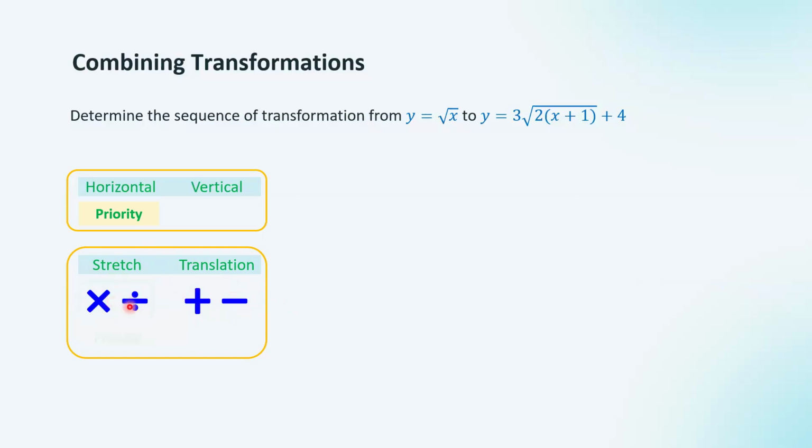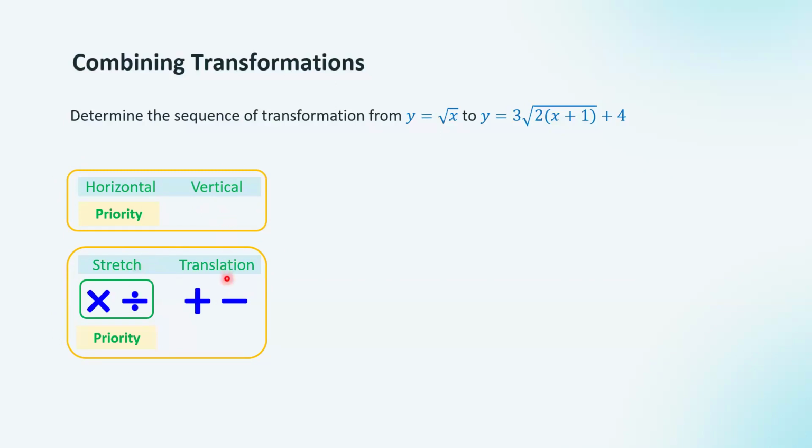The answer is very obvious. This one. So, whenever we are determining the sequence of transformation, we need to prioritize the horizontal transformation, and specifically, the stretch or scaling transformation. After that, we can go to horizontal translation, and then vertical stretch, and then the last one, vertical translation. Okay, so that's the priority: horizontal stretch, horizontal translation, vertical stretch, vertical translation.